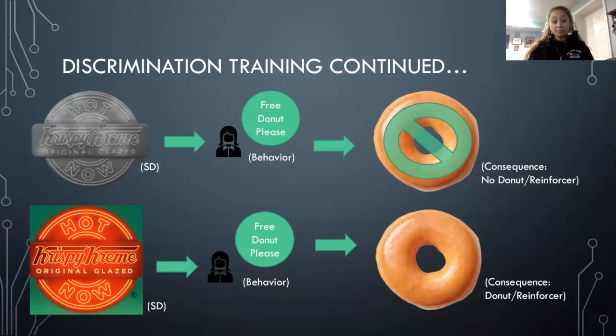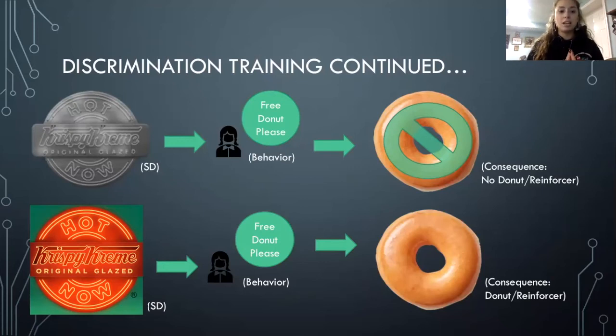However, if I go ask for a free donut when the light is on, I'm going to get a free donut. So discrimination training, I've got two different antecedents, a Krispy Kreme sign that is off and a Krispy Kreme sign that is on. If it's on and I engage in my manding behavior for my free donut, I will get a free donut. I will be reinforced.